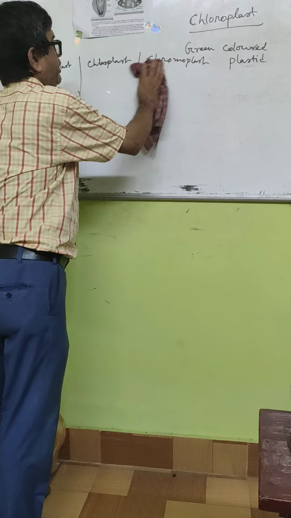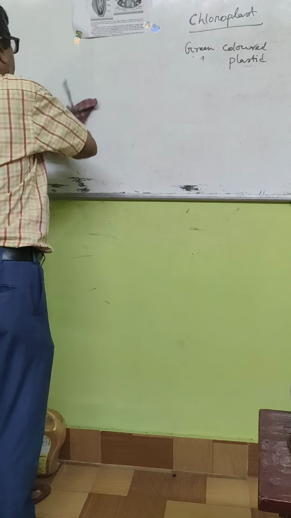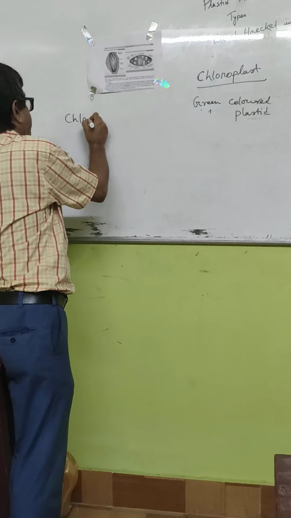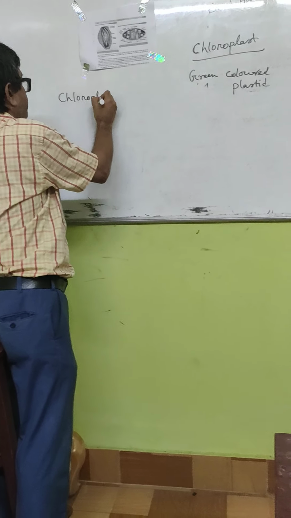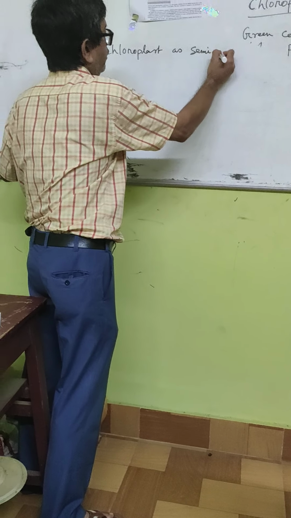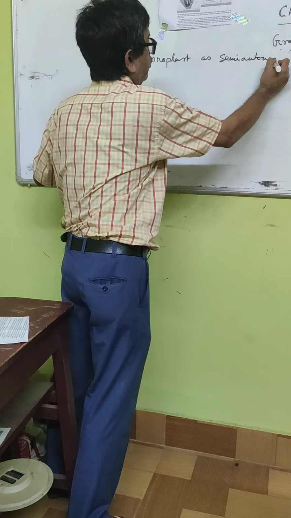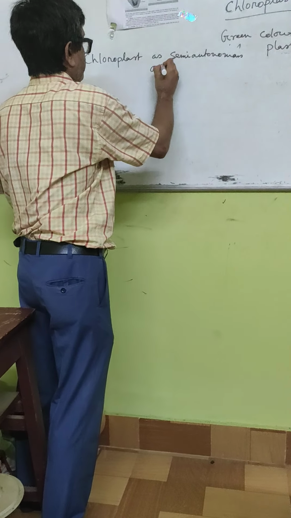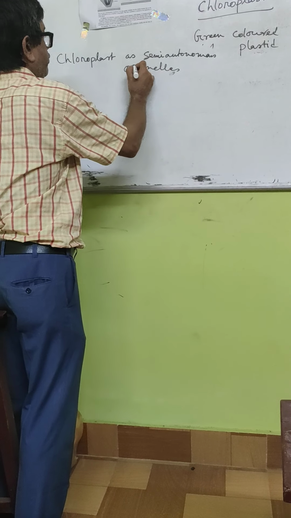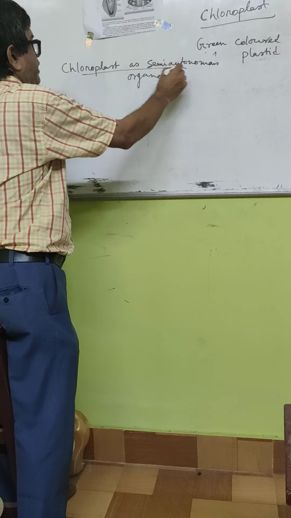Now another important thing: we call chloroplast a semi-autonomous organelle. It may come in the exam. Why is it called a semi-autonomous organelle? Because of some reasons.